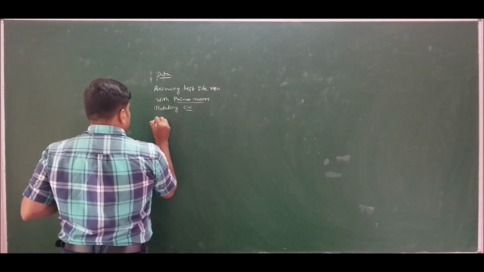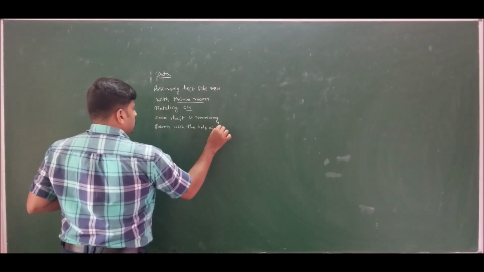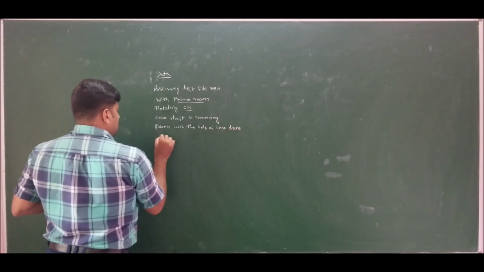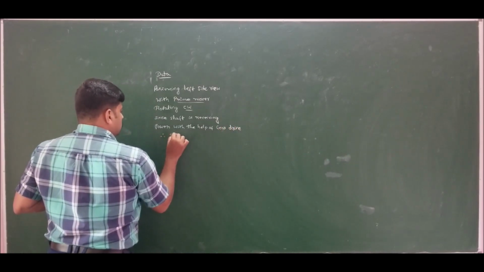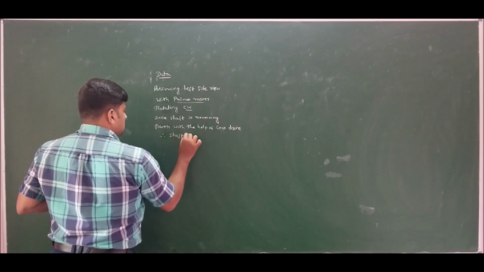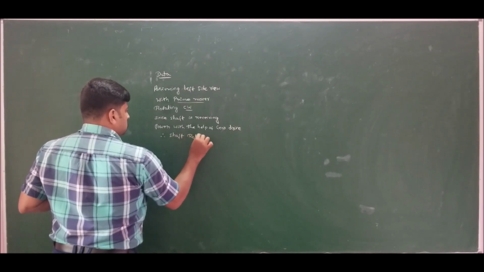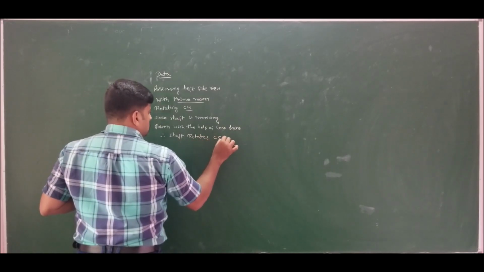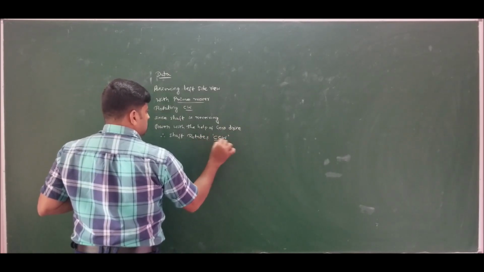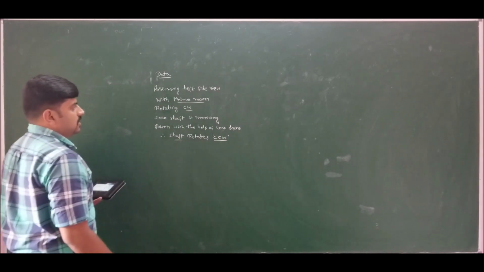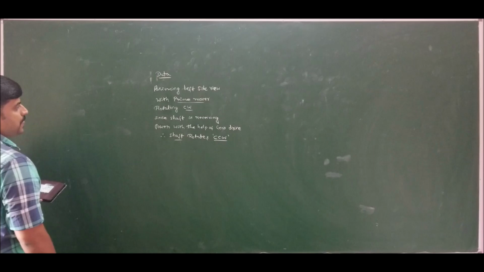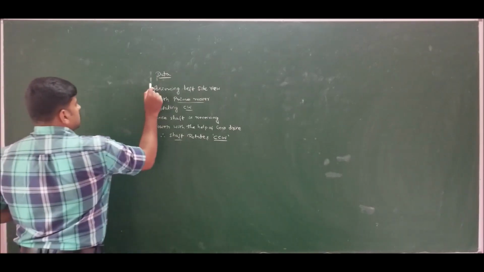Since the shaft is receiving power with the help of gear drive, therefore the shaft rotates counterclockwise, because due to external meshing, pinion rotates clockwise, hence the shaft rotates counterclockwise. So for us, left side view counterclockwise is the condition. This is our assumption.